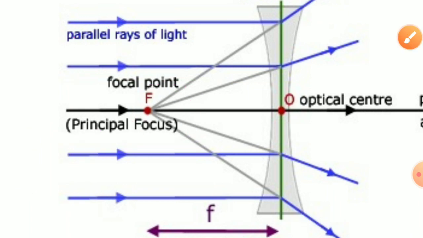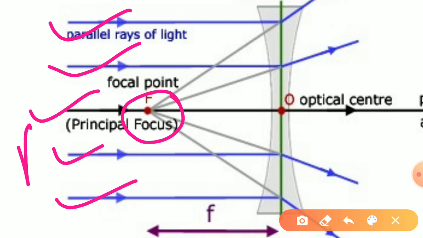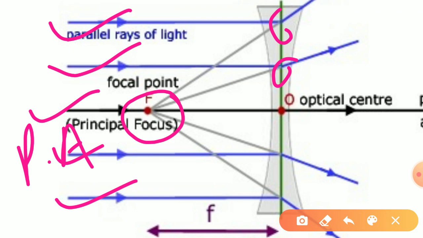So how to define the principal focus of a concave lens? It is a point on the principal axis where rays of light parallel to the principal axis, after refraction from the lens, appear to be diverging from. That point is known as the principal focus of a concave lens.